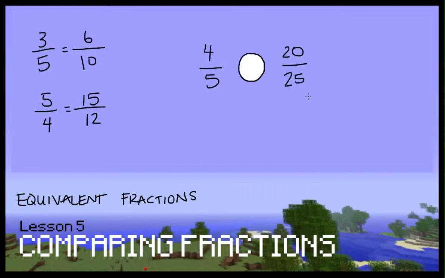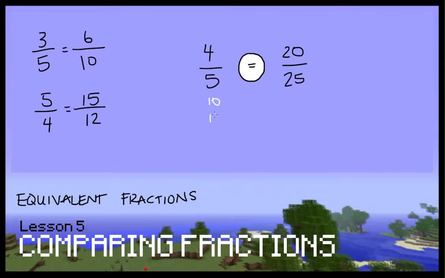Okay? And I know some of you are looking at that and you instantly see the pattern because you know your facts and you say, oh, Mr. Wigdahl, if I multiply 4 times 5, I get 20. If I multiply 5 times 5, I get 25. Those are equal. Totally.